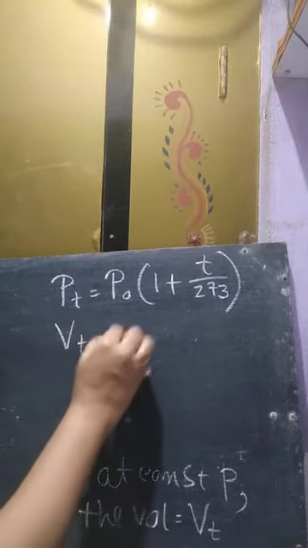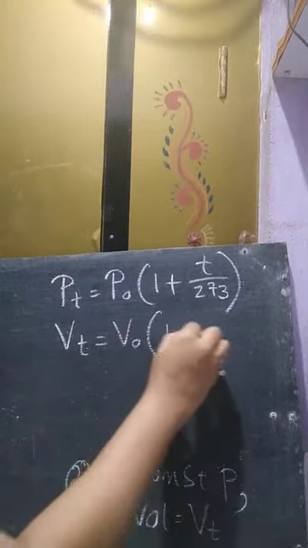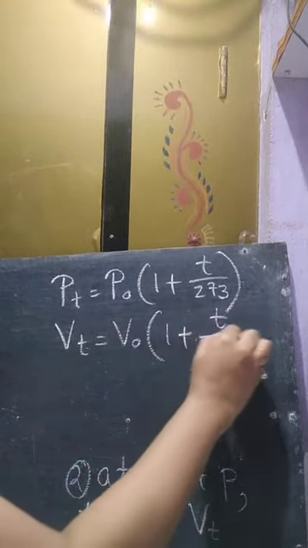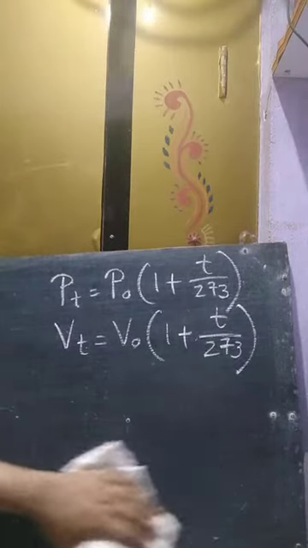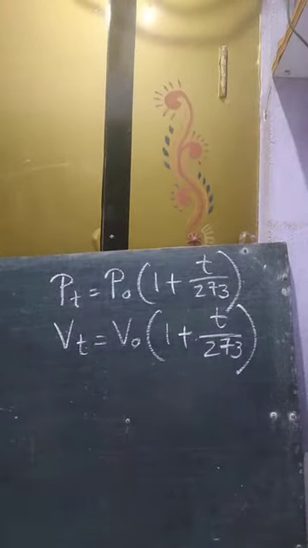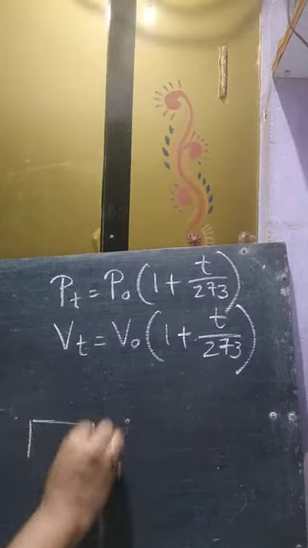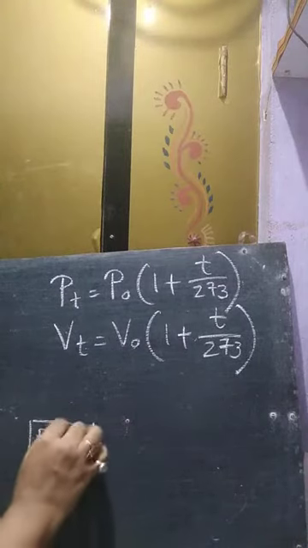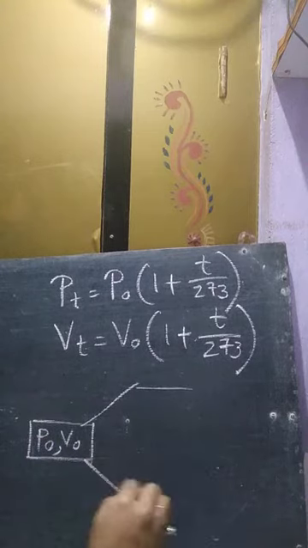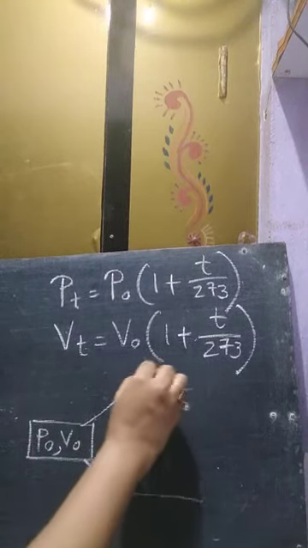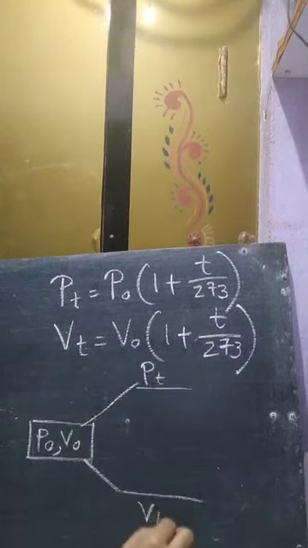According to Charles' law, it is like this, right? So if we draw the diagram like this, suppose this is P0, V0. This is one change, this is another change. This is PT and this is VT.